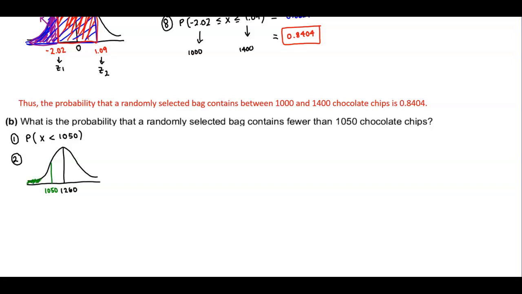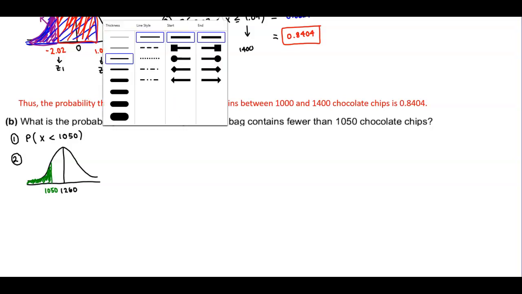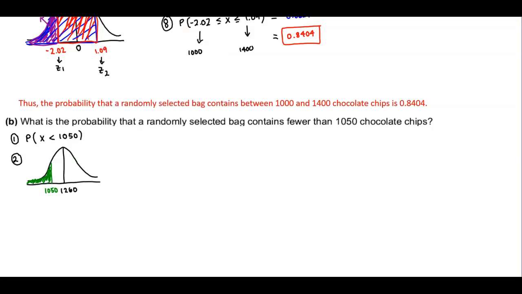So we want to find the area here. Okay, so in order to do that, we first need to find our z-score. And recall that we know that x is equal to 1,050.